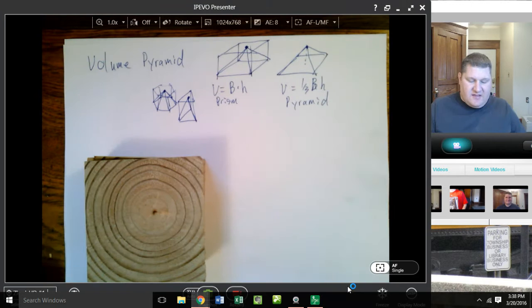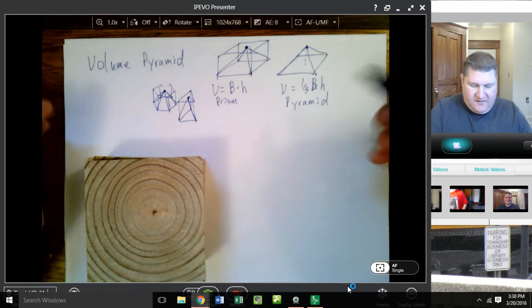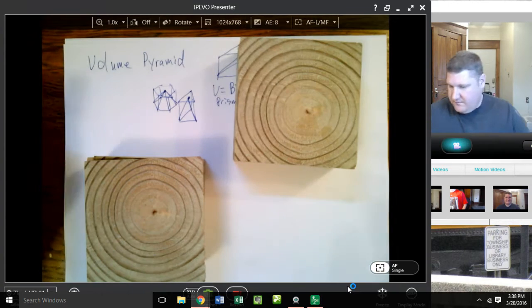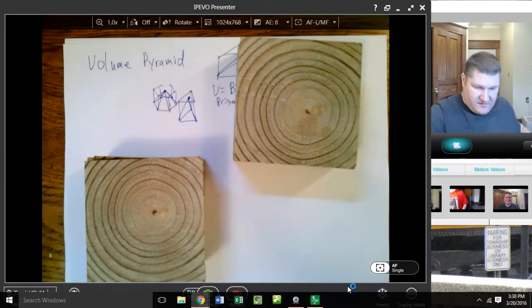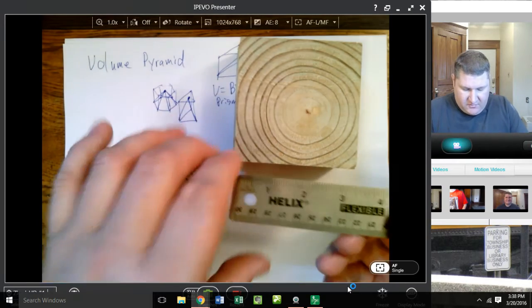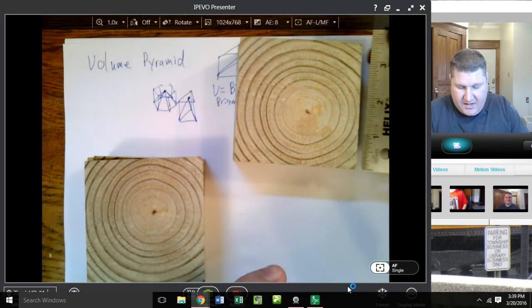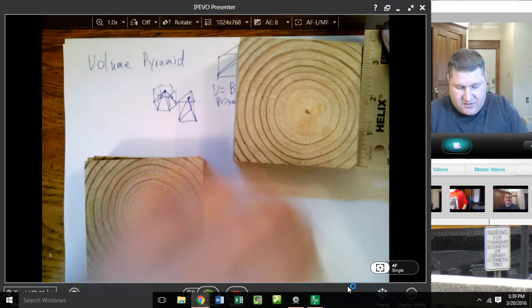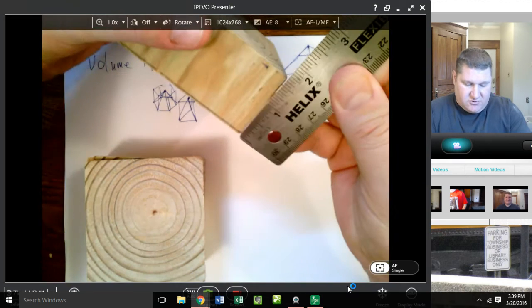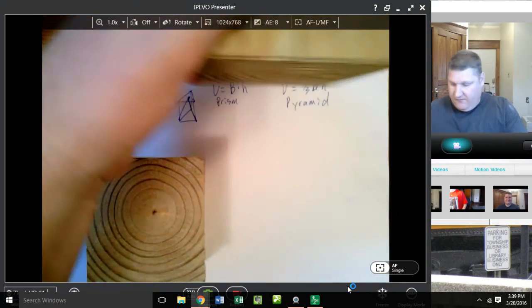Now, how do you know that it's actually 1/3 base times height? Well, in this case, let's assume I have this one, and I have a ruler. I already know what it is, but just to show you, 3.5 inches by 3.5 inches by, it should be 1 3/4 inches. Yes, it is 1 3/4 inches. Cut it myself.